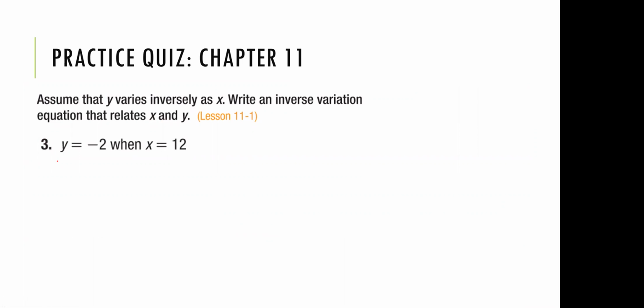Okay, so the first thing that we need to do is figure out what k is, right? Because remember, we want the equation to be y equals k over x. So we know what y is and we know what x is, but we don't know what k is.